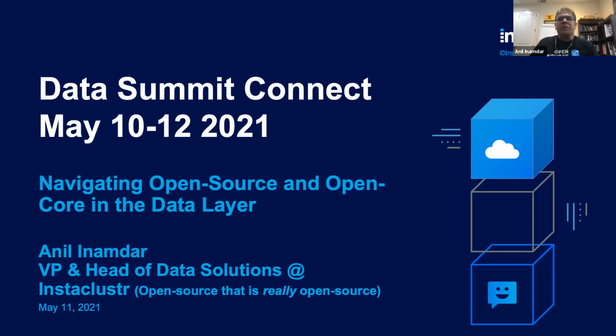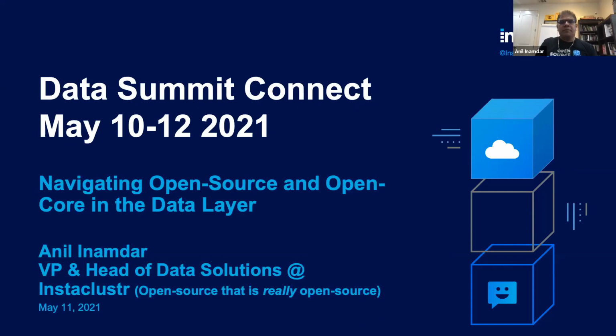The topic of my presentation is navigating open source and open core in the data layer. Open source software has come a long way and is now an integral part of every enterprise architecture. But it has also become more complex in terms of licensing, governance, and ecosystem. The presentation today will try to shed some light on that and simplify things for you.